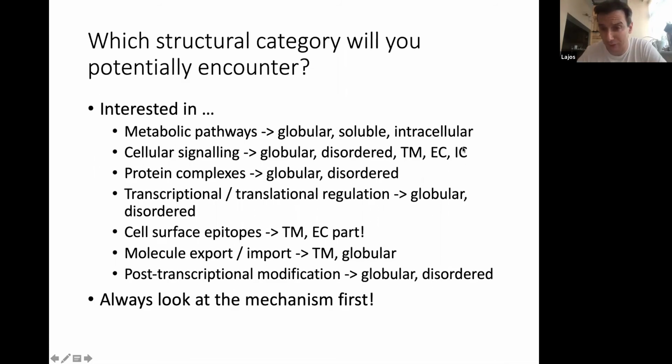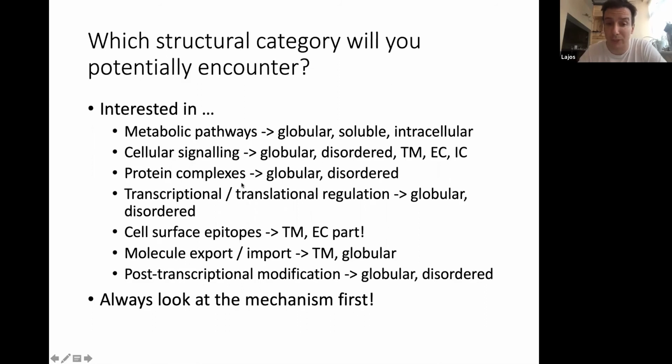And of course, if you are dealing with a transmembrane protein, you have to know which part is extracellular and which part is intracellular. Of course, because the extracellular part will be responsible for taking the signal, and the intracellular part will be responsible for giving the signal forward.